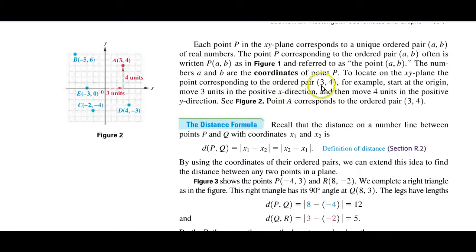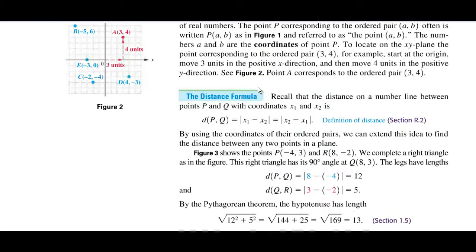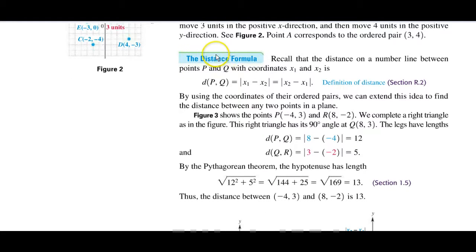If you have an ordered pair, for instance, 3, 4, 3 is your x coordinate, so you start at 0, which is the origin where the 2 lines meet, go to the right because it's positive, and then you go up 4 on the y-axis, and there's your point. Now, from this gives rise to something that's called the distance formula.